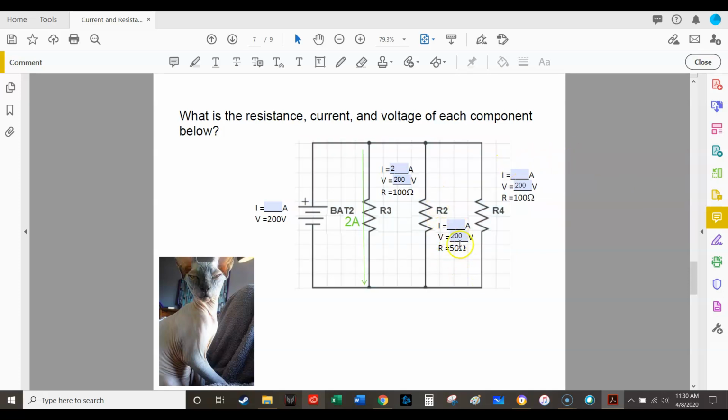Well, we have another resistor that is in parallel with R3 and the battery, and that is also getting 200 volts because that is a consequence of rule 3. So 200 volts divided by 50 ohms. So 200 divided by 50. So what is that? 4. Let me just check.